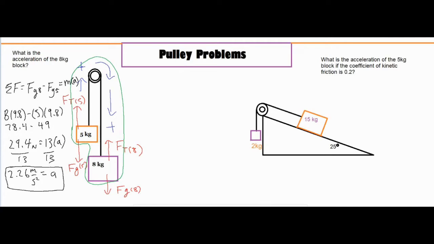All right, so I went ahead and did mg, mass times 9.8, for my 8 kilogram mass minus the mg from my 5 kilogram mass, which left me with a net force of 29.4 newtons.